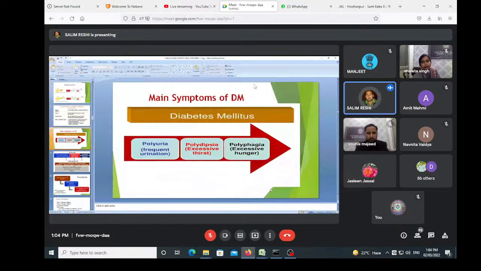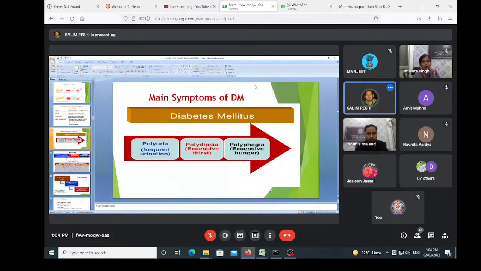The main symptoms of diabetes mellitus, which are the first symptoms, are polyuria, that means frequent urination, and polydipsia. When a person is going for frequent urination, the body fluids are released in excess quantities from the body.